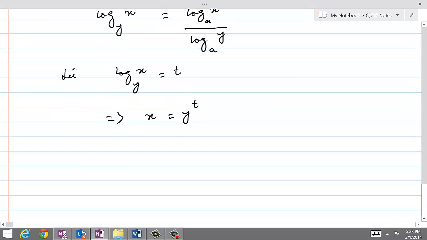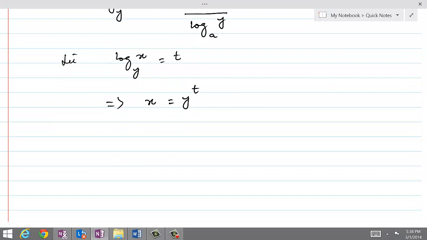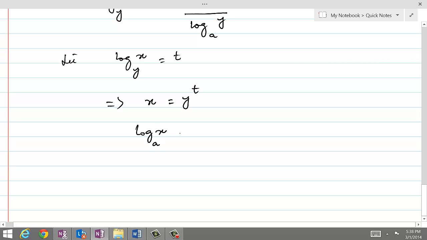And now if we take log to the base a, because on the right hand side we want to involve log base a, if we take log on both sides to the base a, this will become log of x base a equal to log of y power t base a.